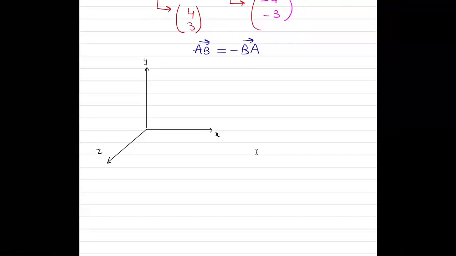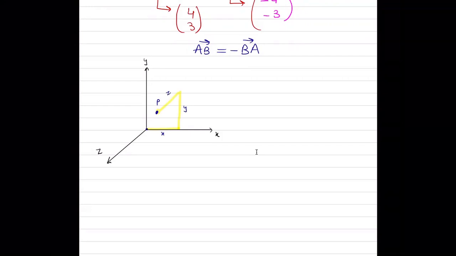Let's say you move certain distance in x, then you travel certain distance in y, and then you travel certain distance in z and reach a point in the space. So this means that you have traveled certain distance in x, certain distance in y, and certain distance in z direction.